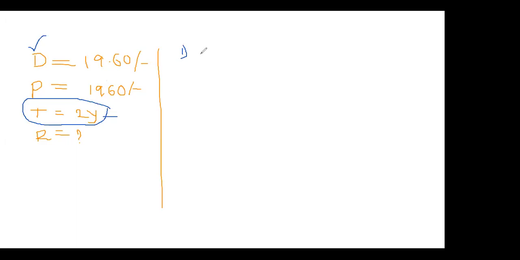Formula number 1 is D is equal to P into R by 100 whole square. And formula number 2 is R is equal to 200 into difference by simple interest.